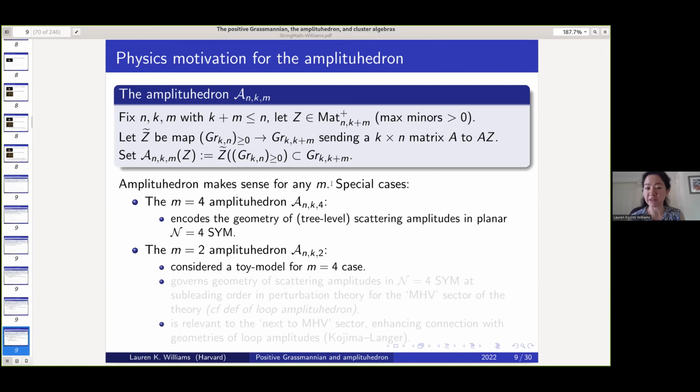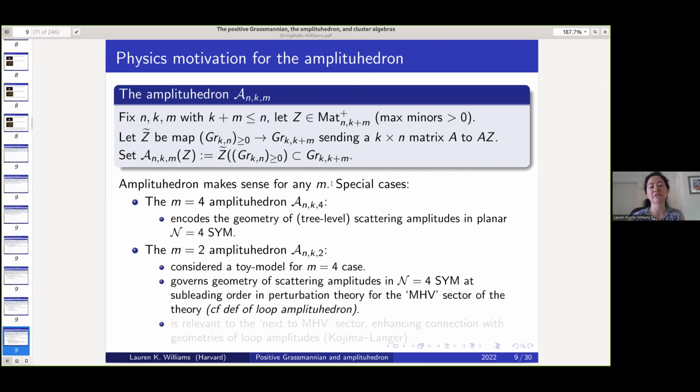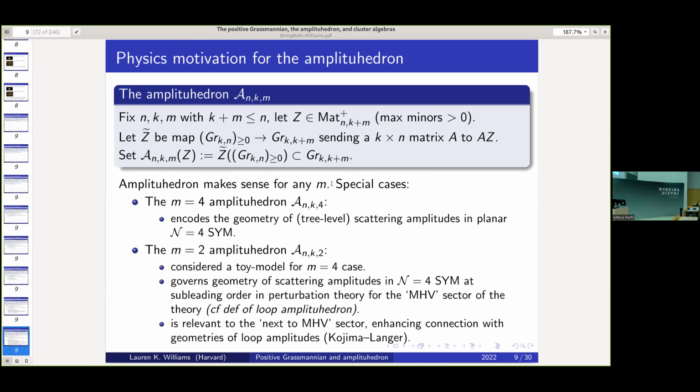It's considered a toy model for the m=4 case, but it also has its own applications to physics. It's relevant to the MHV sector of the theory and the next-to-MHV sector. So several cases have to do with physics, but the amplituhedron makes sense for any m.